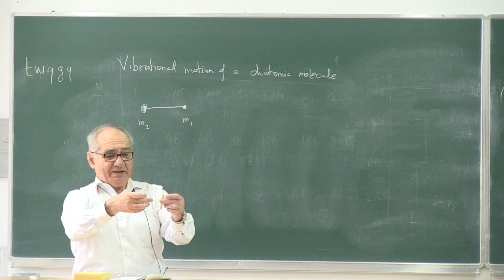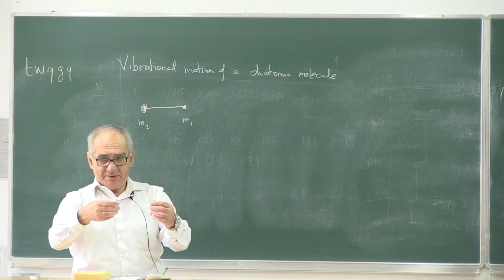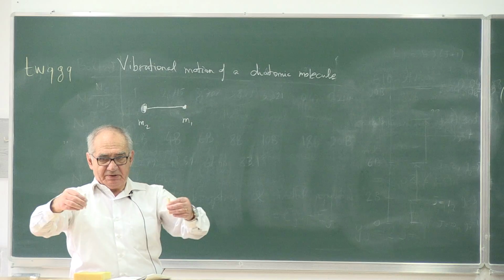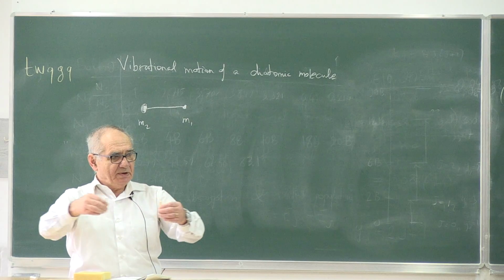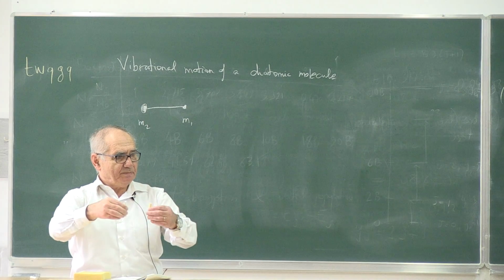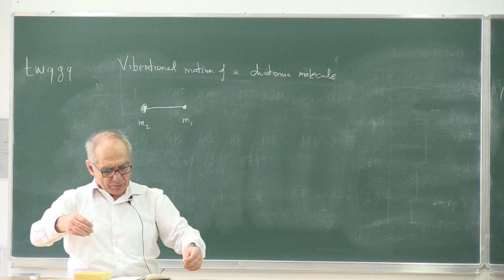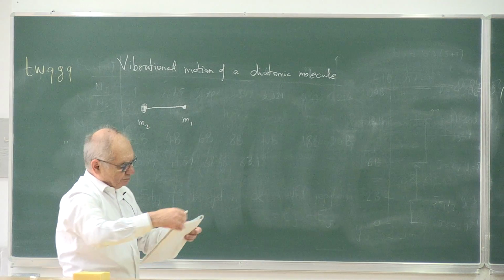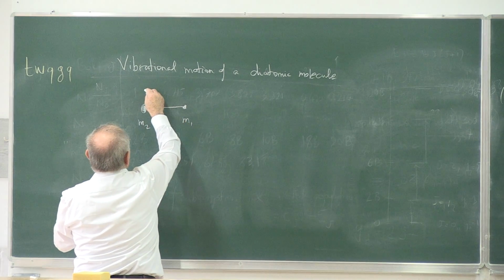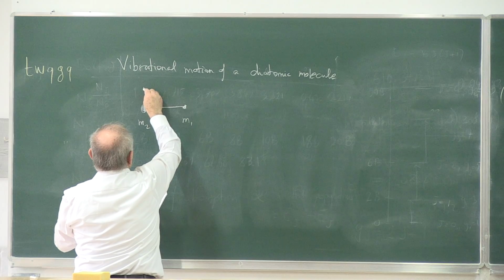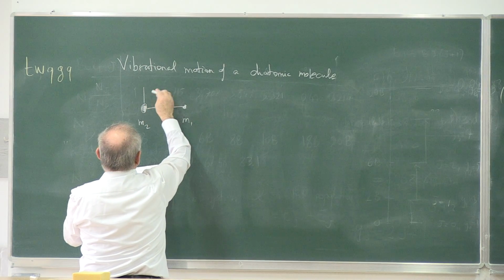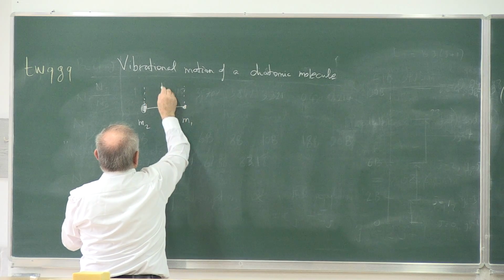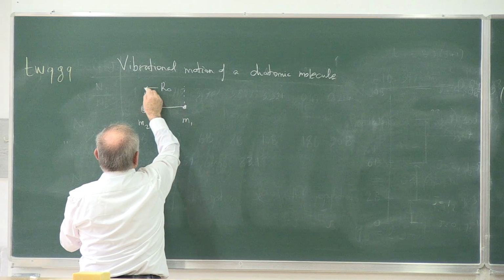These 2 atoms are connected by a bond, and the motion is in this way. The 2 atoms are vibrating in the diatomic molecule. Now, there is an equilibrium distance.